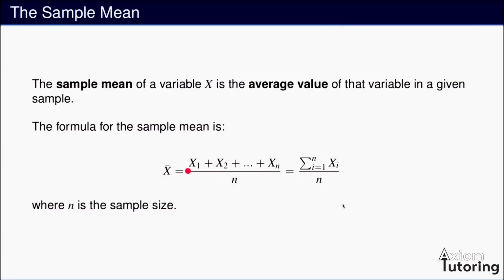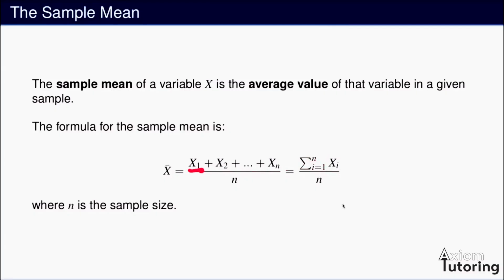Now, this sum, x1 plus x2 plus x3, etc., can be represented in this form. This is the summation notation. You have sigma, the Greek letter, and here i is equal to 1 at the bottom and n at the top. That means that the xi that you see here will go from 1 to n.